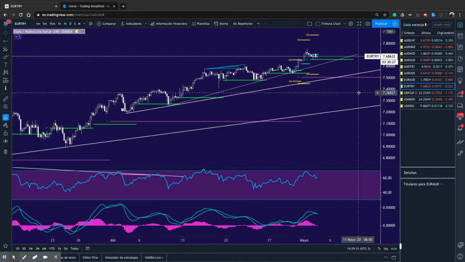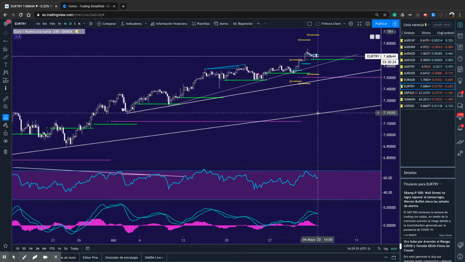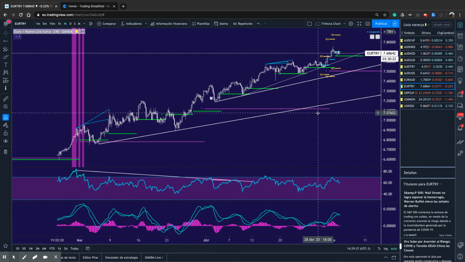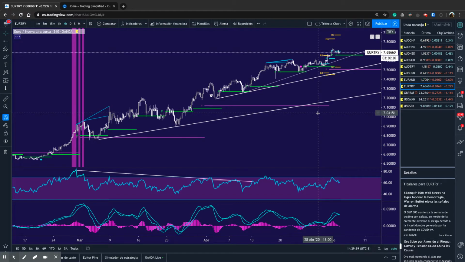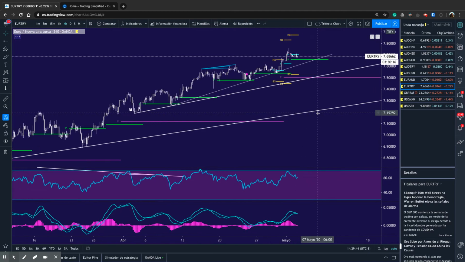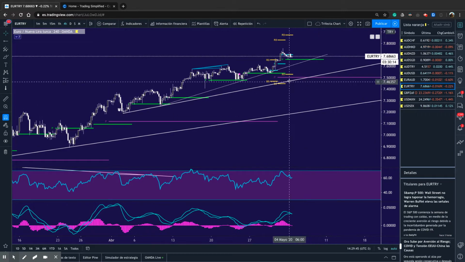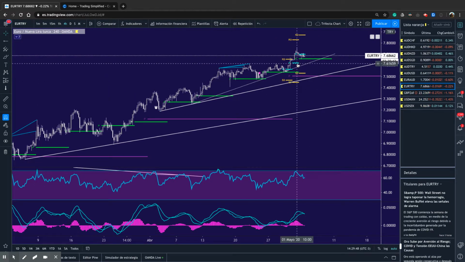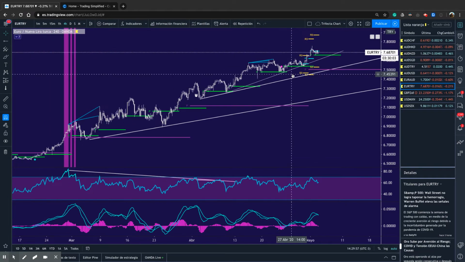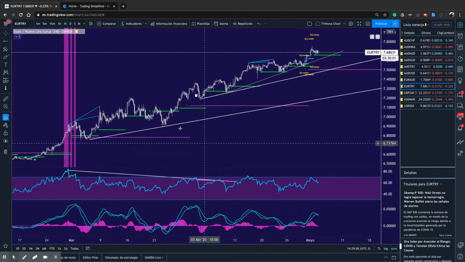The euro against the Turkish lira, this is a setup that we have been waiting for, and we are going to keep waiting. We are going to wait a little bit more because the trend lines are not being broken, and we are already seeing new highs. But the price is not having the strength that it had before.